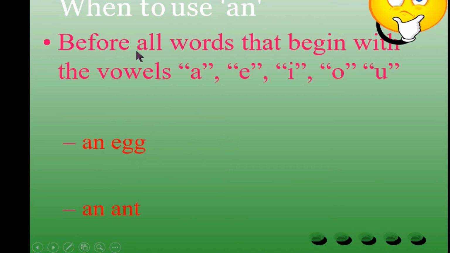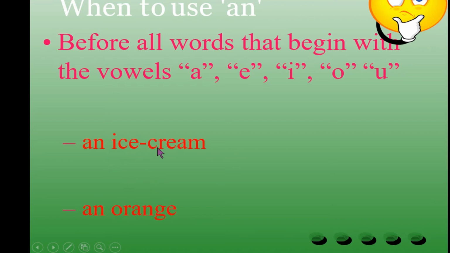Yeah, when to use an: before all words that begin with a vowel, A, E, I, O, U. So remember that all the words that begin with A, E, I, O, U must use the word an, right? Like E, eggs, so letter E begins, an egg.